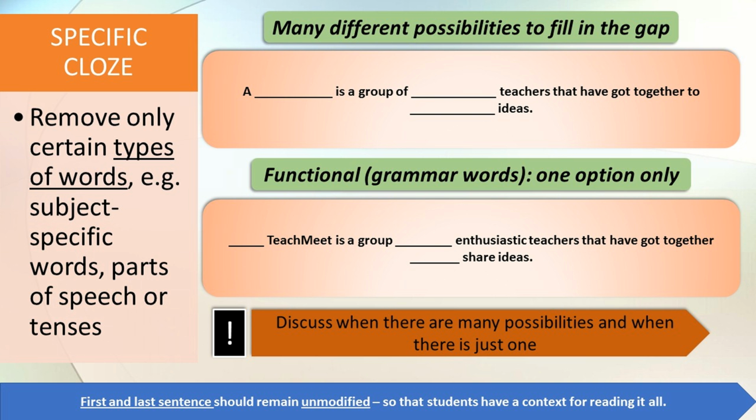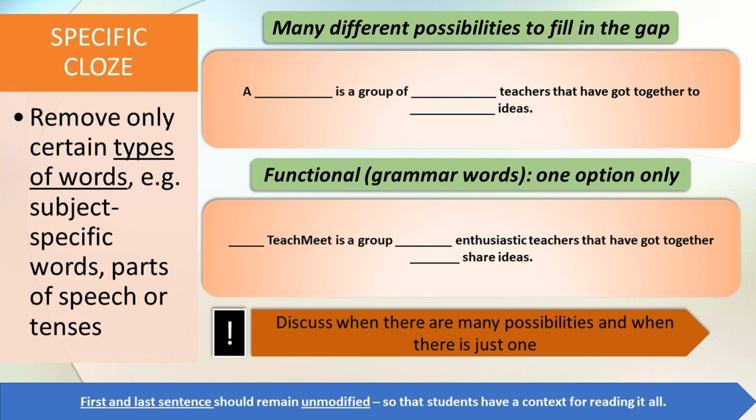We are going to look at 5 specific examples now. First, we'll examine 3 different types of cloze. The type of activity where gaps need to be filled after certain words have been removed. One type of cloze is specific cloze, that is, where only certain types of words have been removed. If this is done, you are focusing students' attention on a specific element of language.